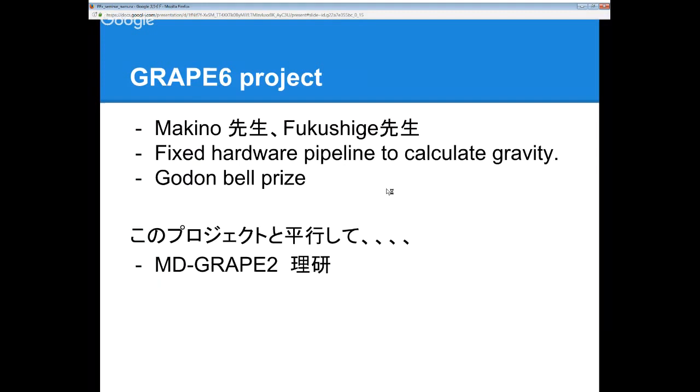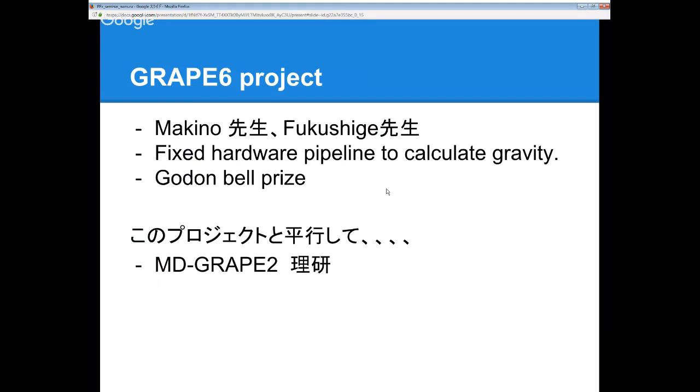It's only for that. But the tip is, we could win the Gordon Bell Prize because of the performance. At that time, I worked for Makino Sensei and Fukushige Sensei. They belonged to the University of Tokyo.